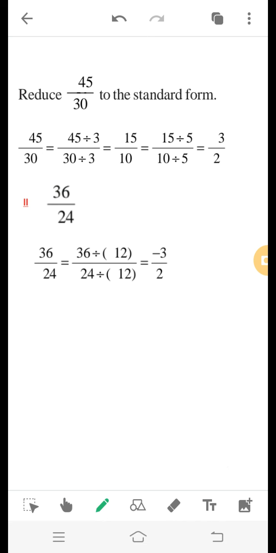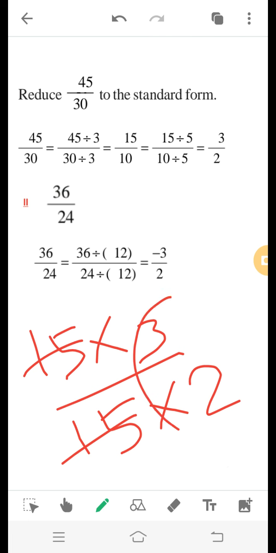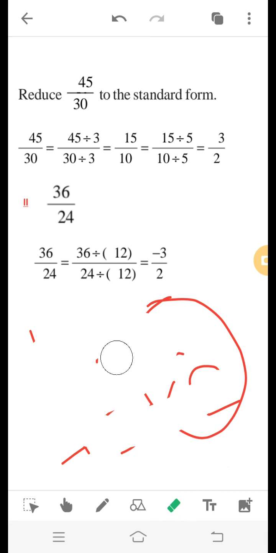You can also get the reduced form using multiplication. Here 45 divided by 30, we can write it as 15 threes are 45, 15 twos are 30. 15 and 15 cancel. 3 upon 2. Now between 3 and 2 there is no common factor except 1. So that is the reduced form of 45 divided by 30.